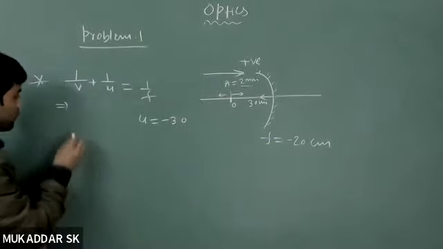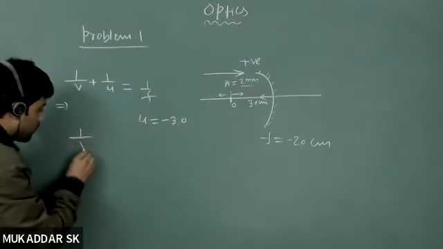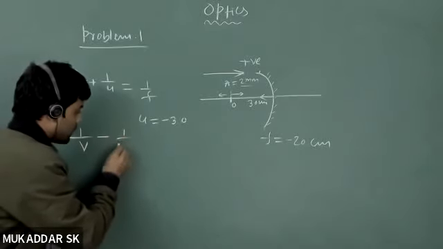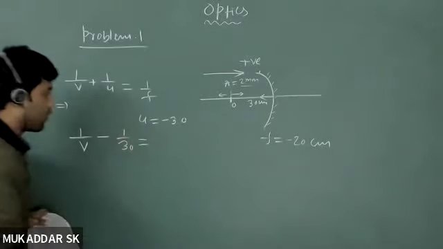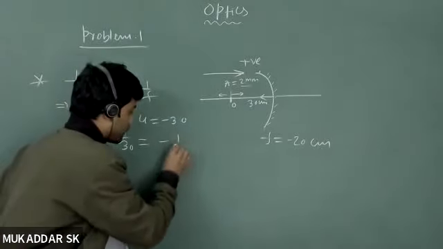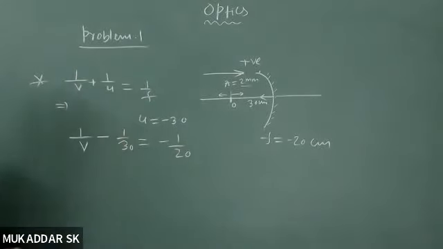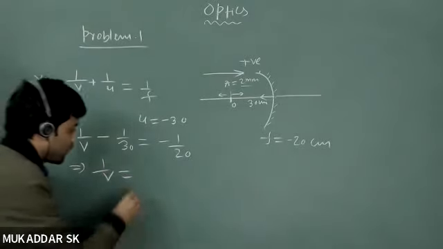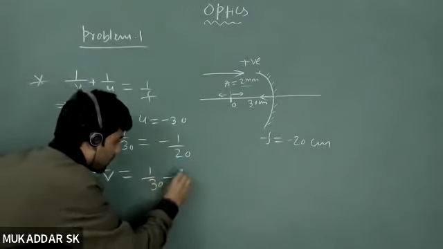So from here I'll get the value of V, the position of image from pole. U should be -30. Then the focal length is -20. So 1 by V should be equal to 1 by 30 minus 1 by 20.